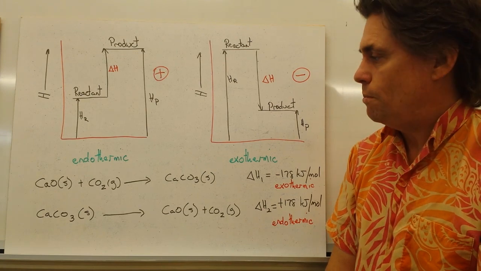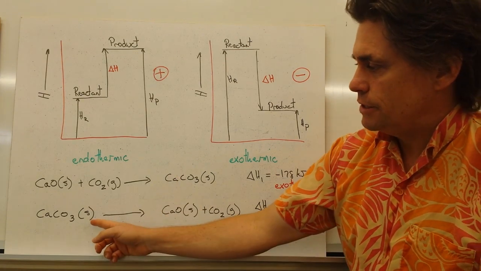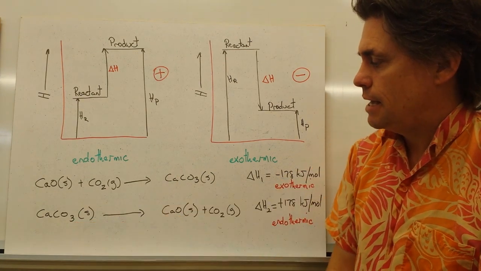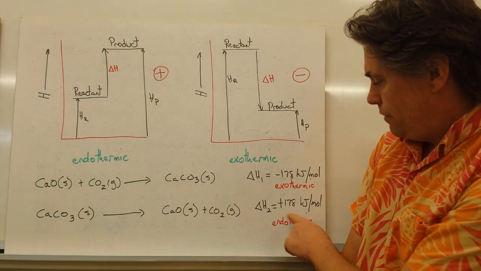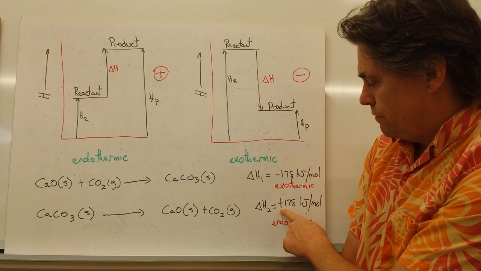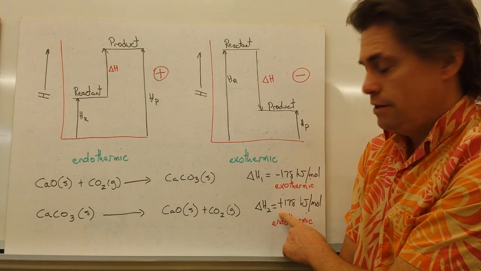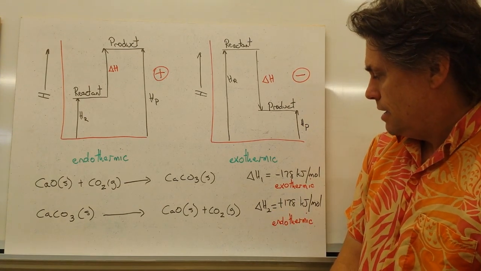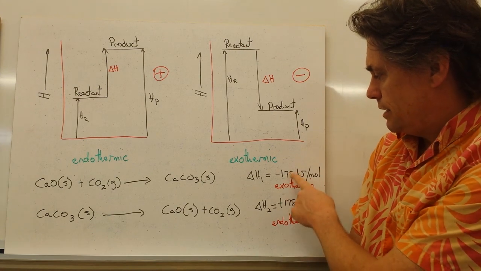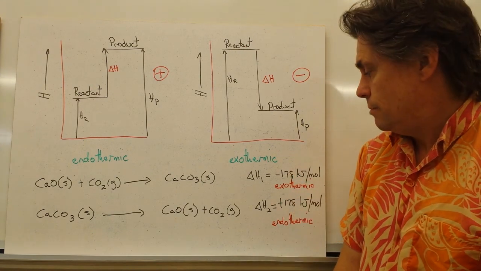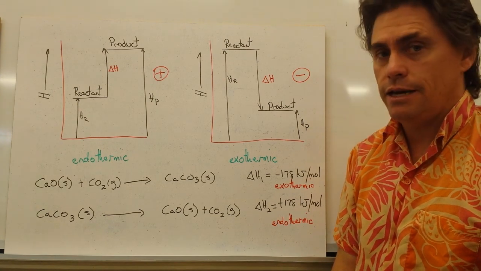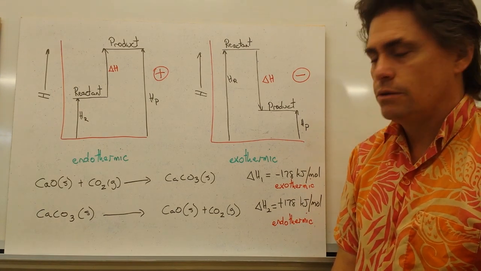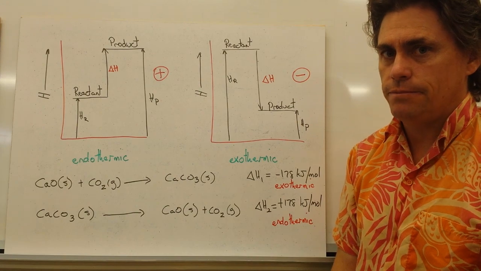It'll feel warm. If we reverse it and we break down the calcium carbonate to calcium oxide plus carbon dioxide, we find that our delta H value is reversed. So now we have an endothermic reaction. Now, another thing to note is we've got exactly the same value, either minus 178 for the exothermic or plus 178 for the endothermic. And this tells us that we have conservation of energy.